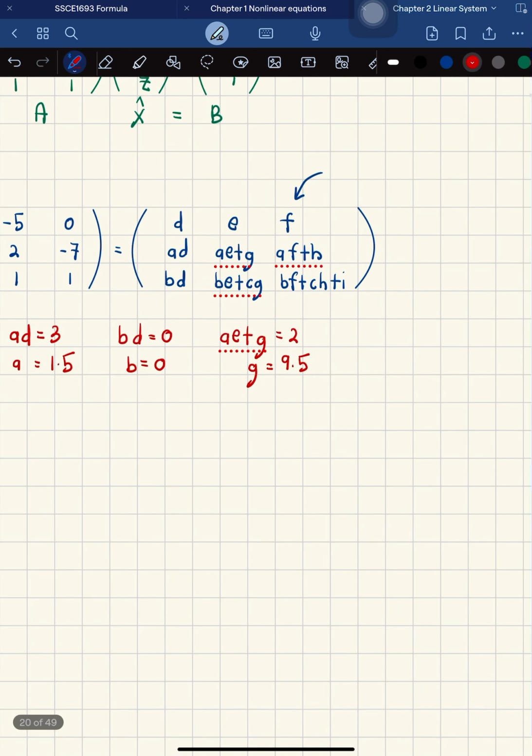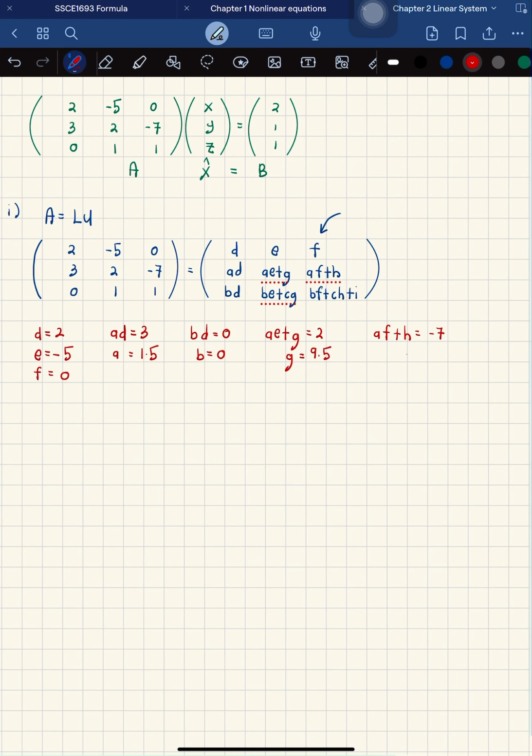Okay, so AF plus H is equal to -7, so H is equal to -7.